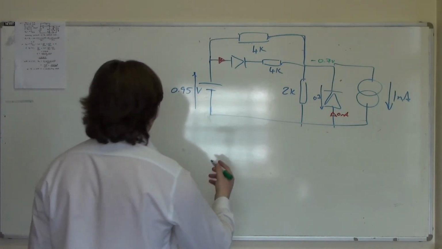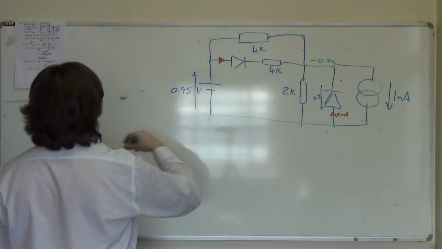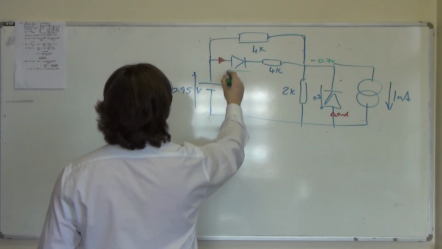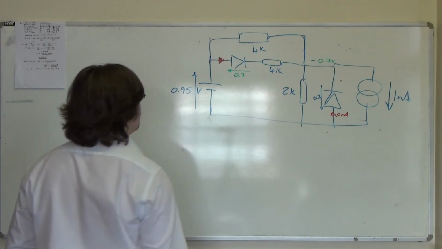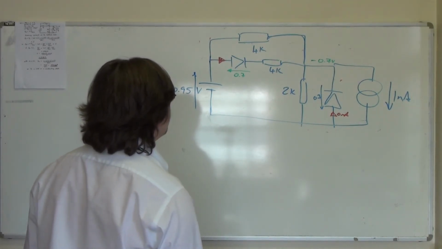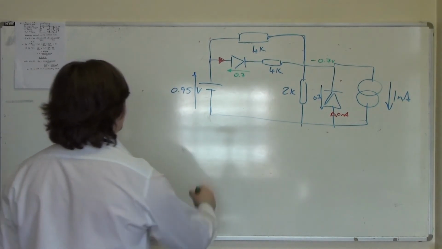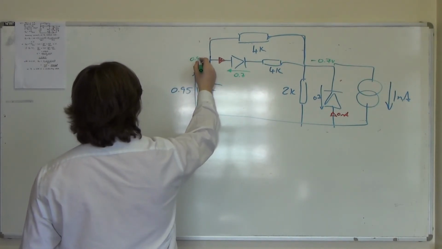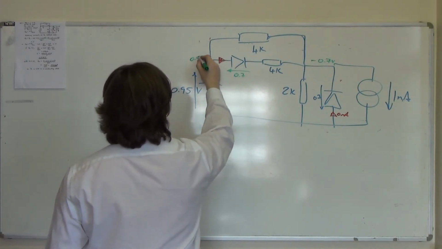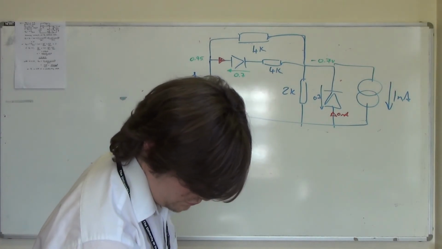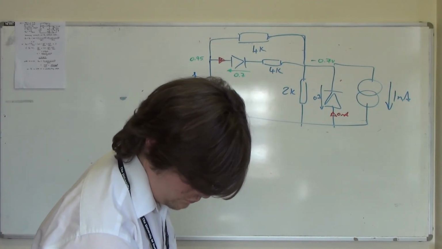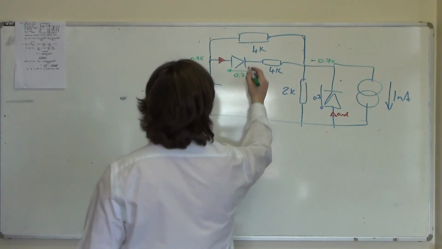So if we say, assuming it is conducting, what do we end up with in terms of current? Well, we've got 0.95 here, minus 0.7 will lead us to 0.25.